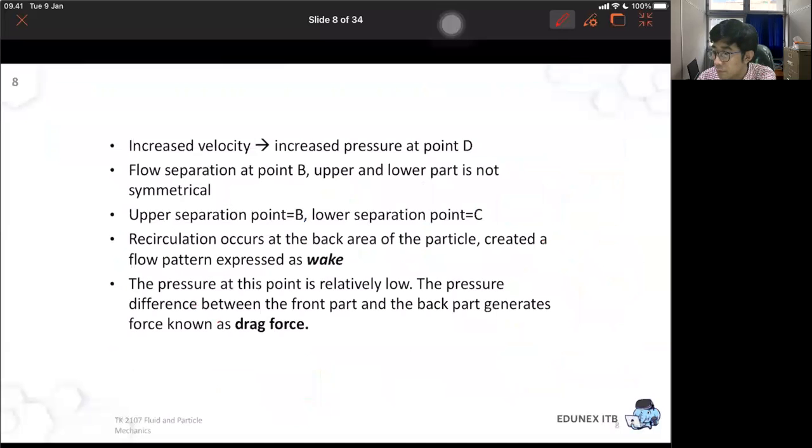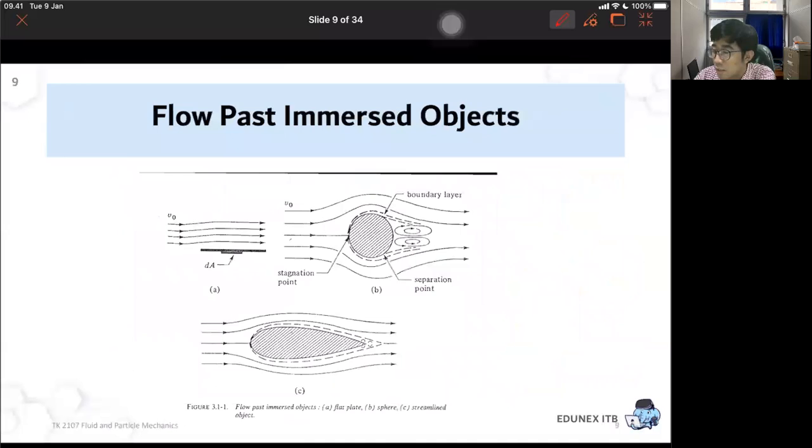I don't know if the flowing direction is this one. This is the front one or the back one, I mean behind or in front of the particle. There will be some phenomena that we call wake, some turbulence that occurs after the fluid hits the particle.